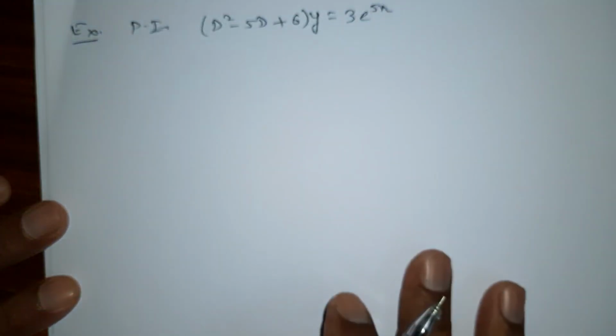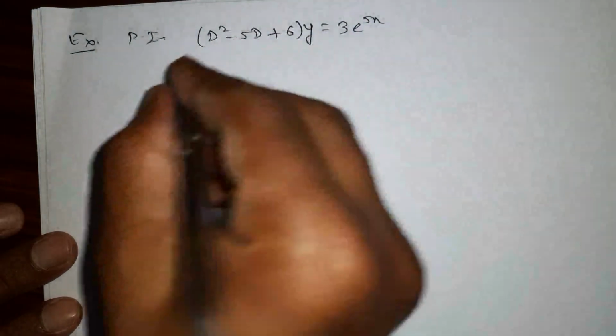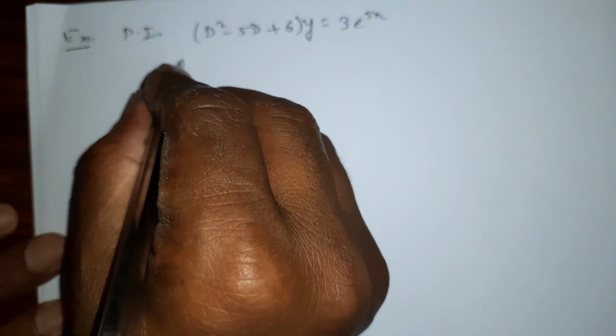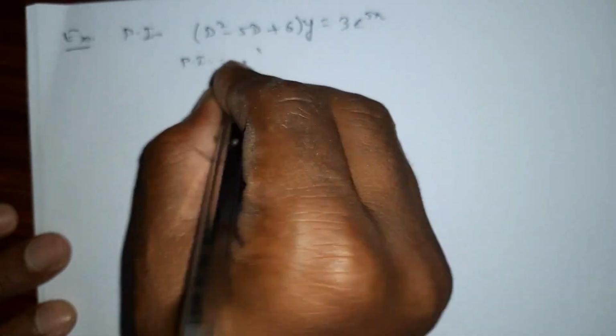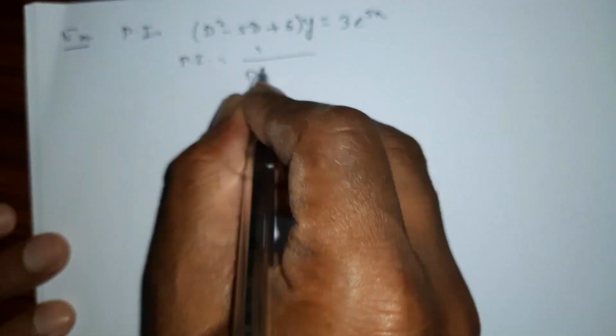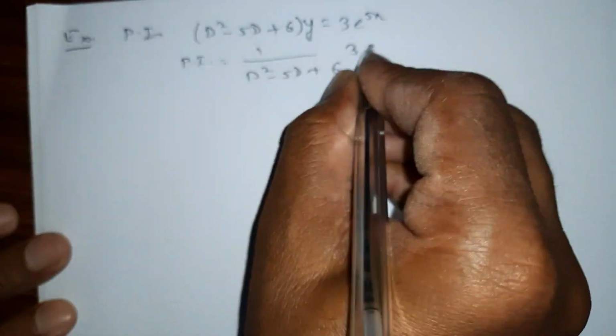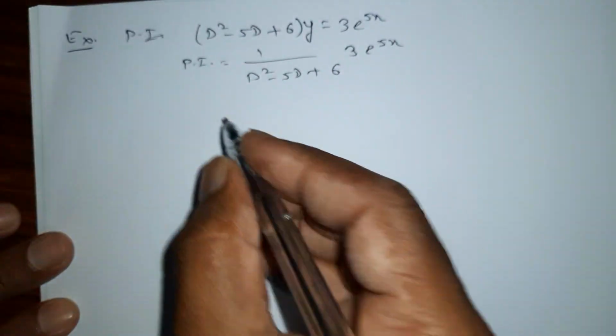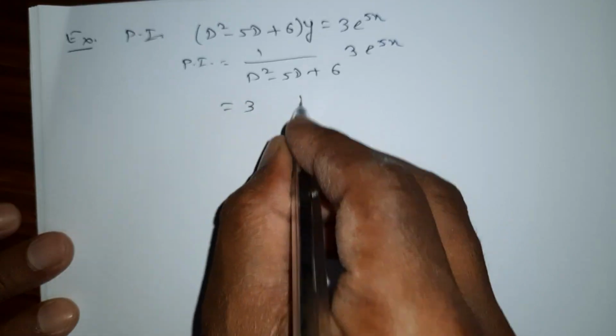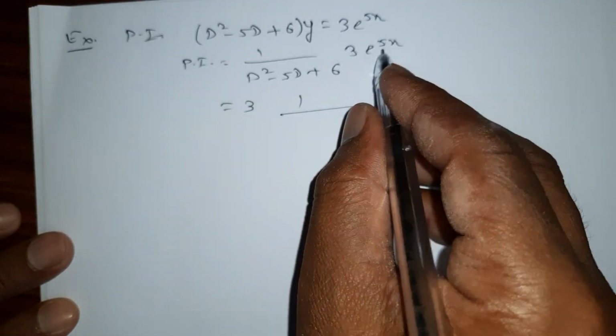Suppose this is my question, and I have to find only the particular integral. So PI is equal to 1 upon (D square minus 5D plus 6) operating on 3 e raised to 5x. You can take 3 outside.